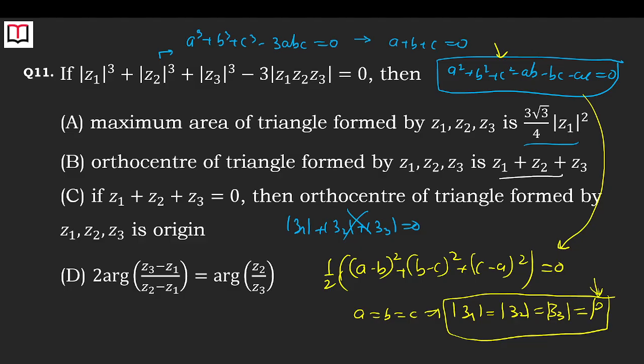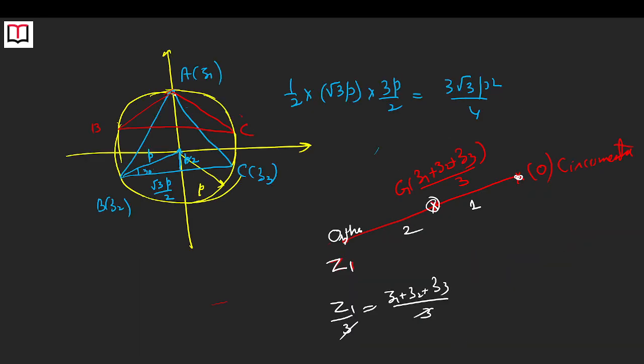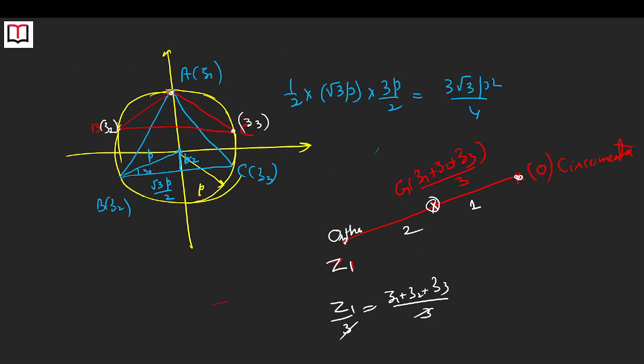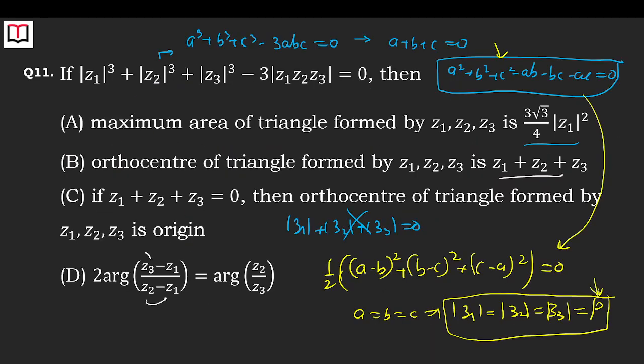That's correct. 2 times the argument of (Z3 minus Z1) upon (Z2 minus Z1). So rotate about Z1. So this is, let's say, Z2. This is, let's say, Z3. Again, this is the direct rotation form. So rotate Z2 about Z1 to get Z3 here.